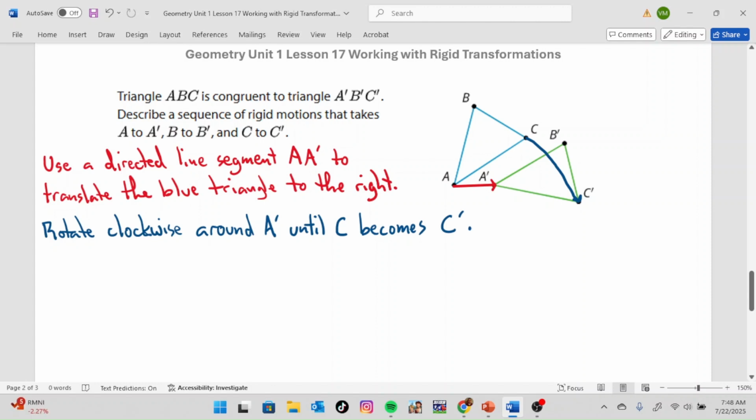And once you've done those two rigid transformations, then the blue triangle ABC will line up perfectly and become the green triangle A prime, B prime, C prime. I hope this helps you out. I hope it's made sense to you. But if there are still any questions, please leave a comment below.